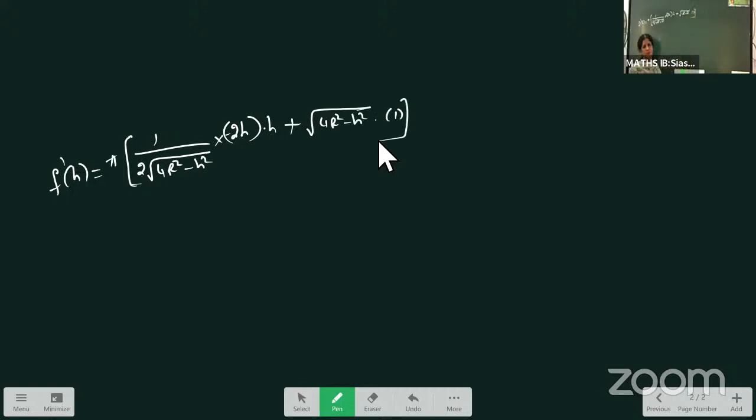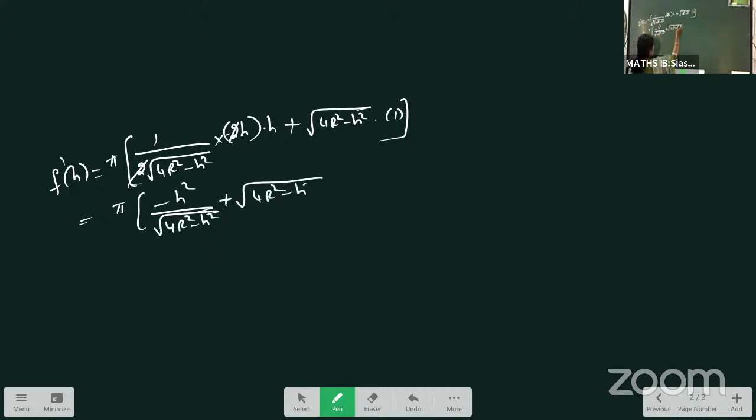Because UV rule is UV dash plus VU dash. Here 2 and 2 get cancelled. Pi into minus h square by under root of 4r square minus h square plus under root of 4r square minus h square. Now, next step, take LCM here.